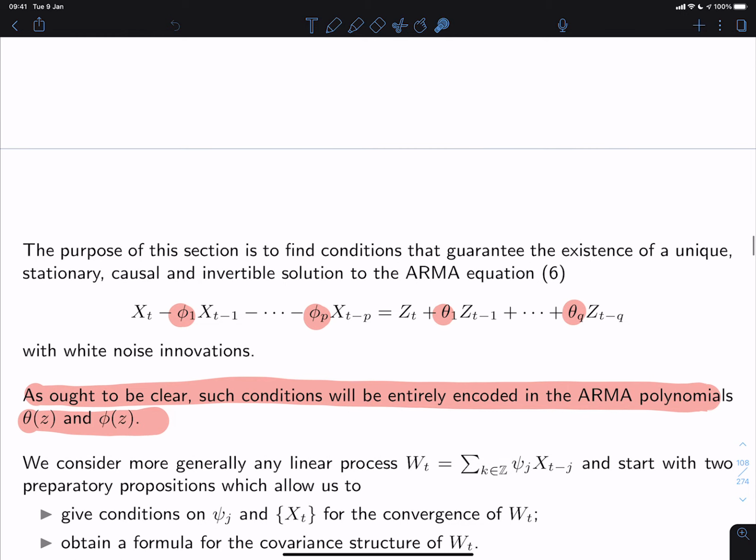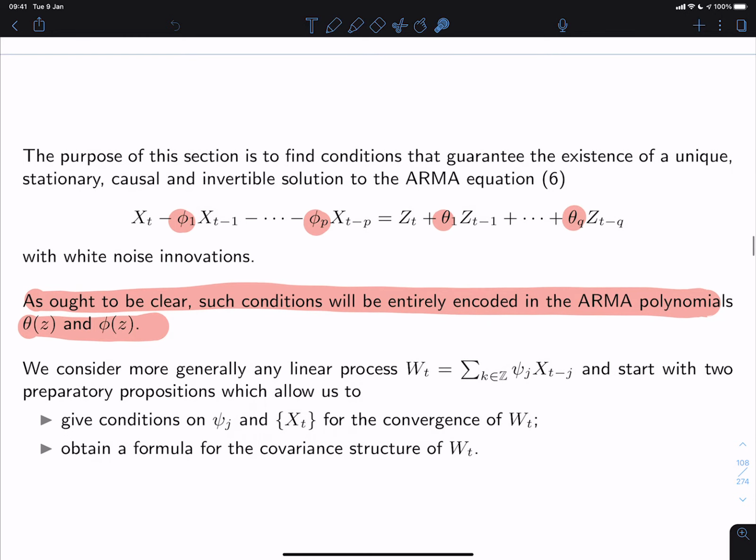And now we would want to write clear conditions on the parameters of your ARMA model for which you know that you have existence of stationary, causal, and a concept that I haven't talked about yet, invertible solutions to the equation.